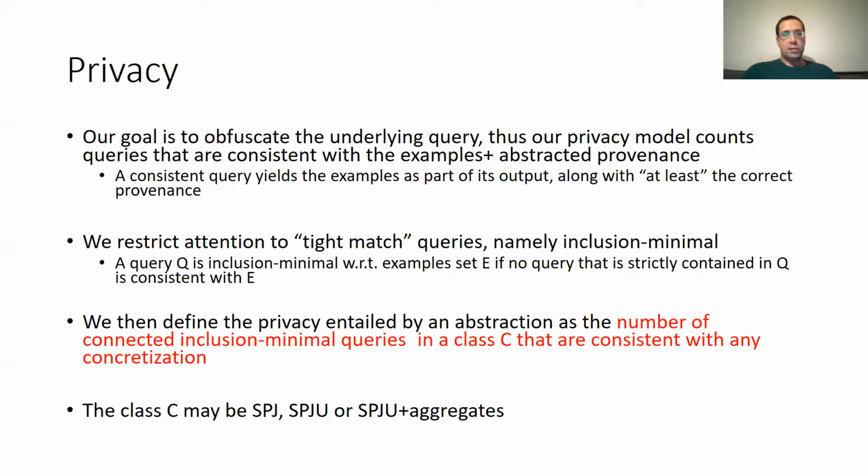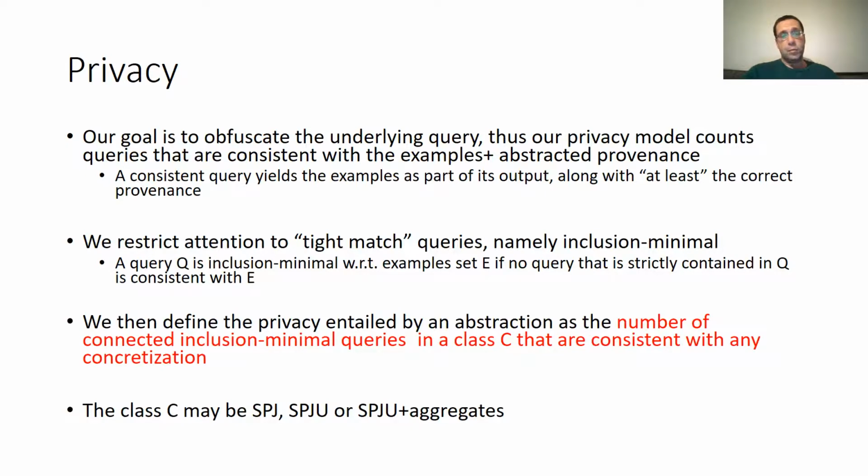As for privacy, recall that our goal is to obfuscate the underlying query. There may be other privacy goals, but in this paper, this is what we're trying to obfuscate. And thus, our privacy model counts the queries that are consistent.